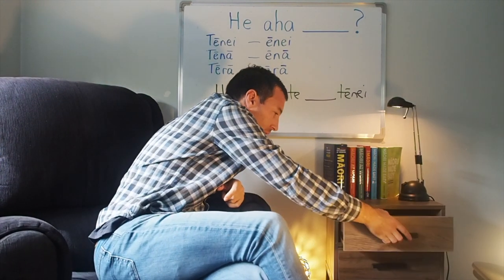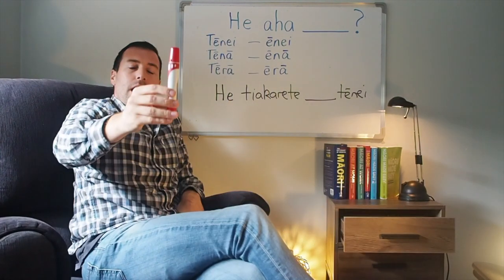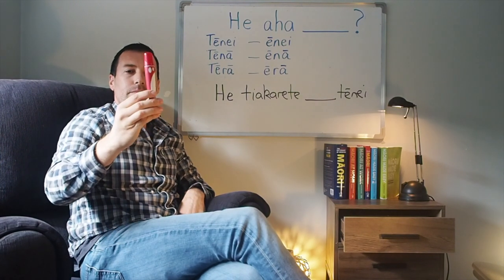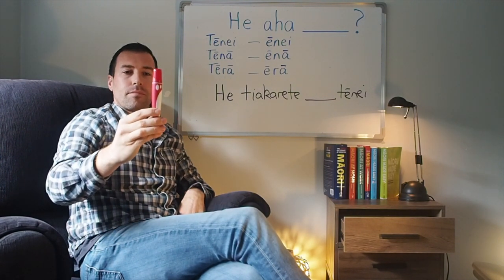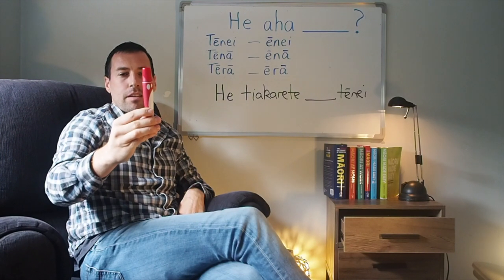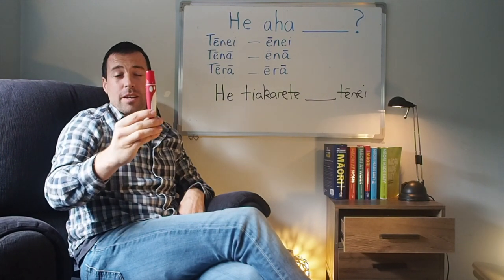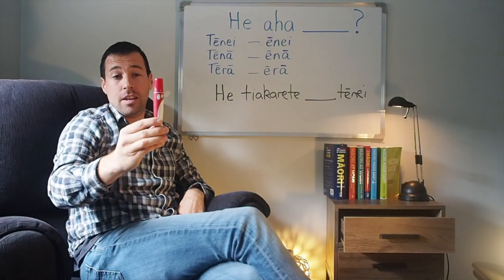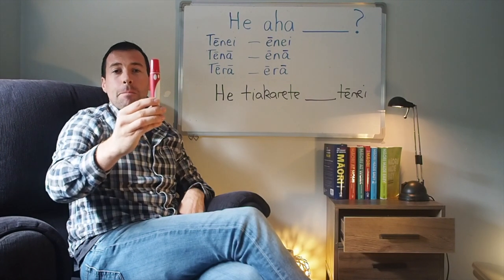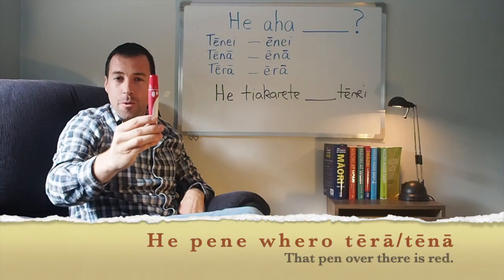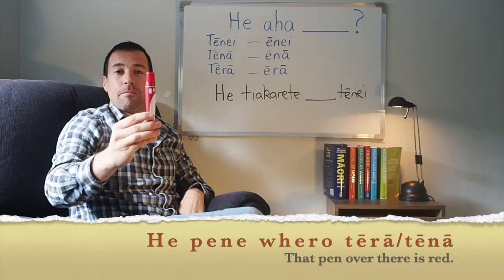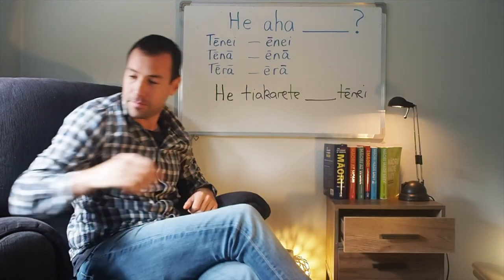I'll have a question for you. He aha tēnei. We know it's a pen, but of course it's a red pen. So you would say, he pene whero tērā. Okay.